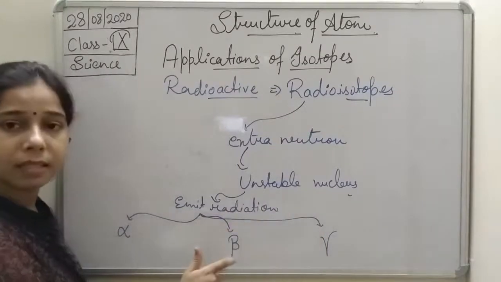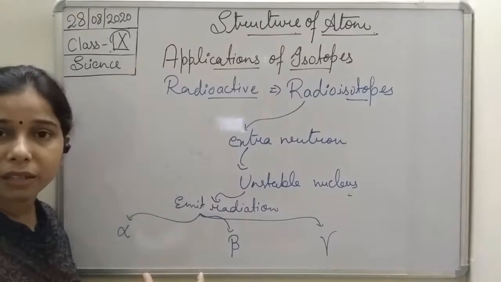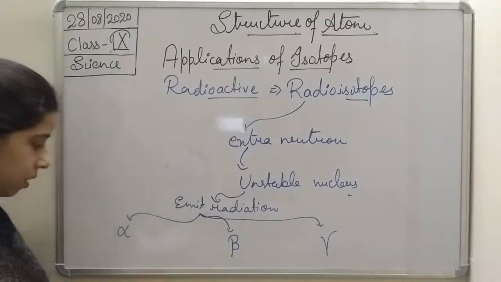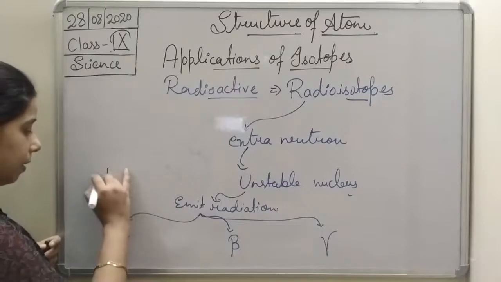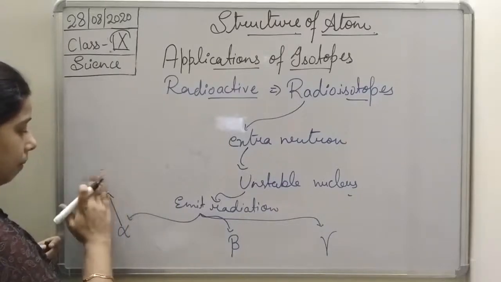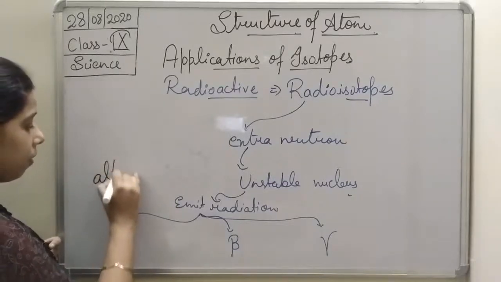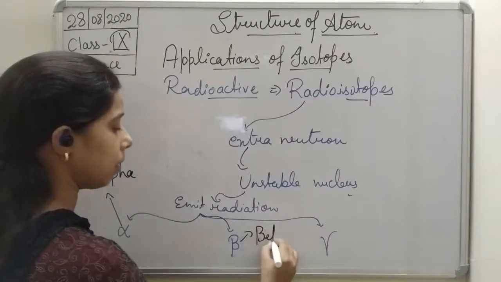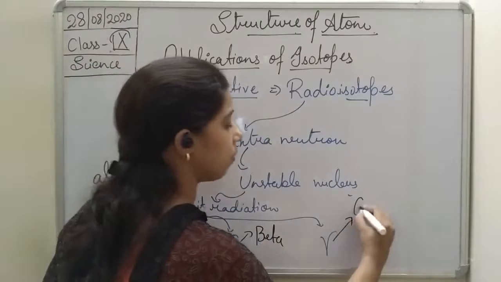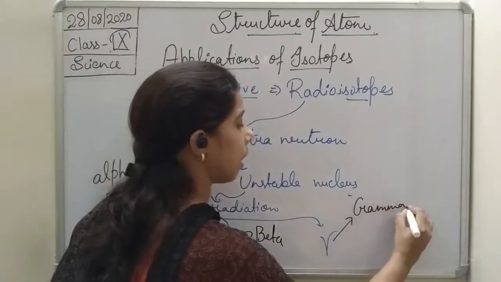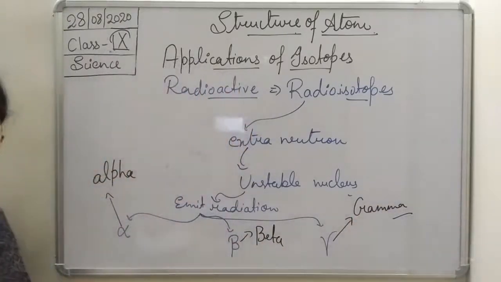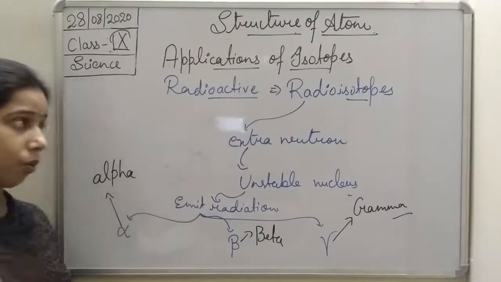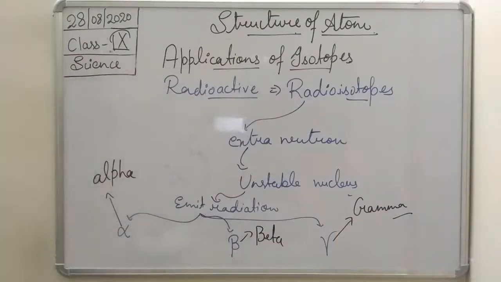Because of this instability, they emit radiation, and this radiation may include alpha, beta, and gamma radiation, which is given off by the radioisotope.